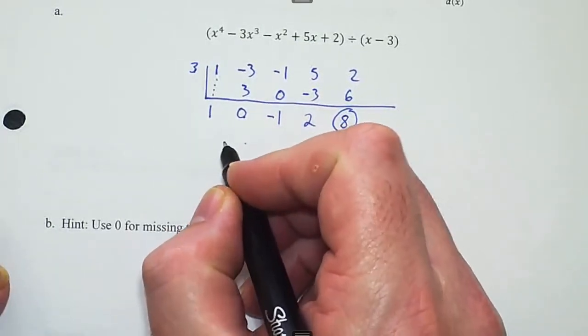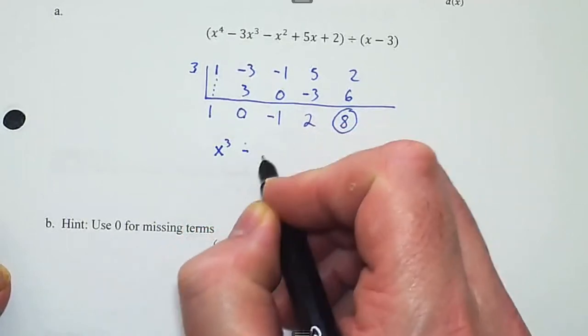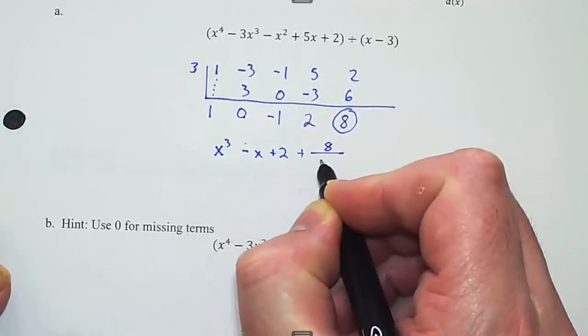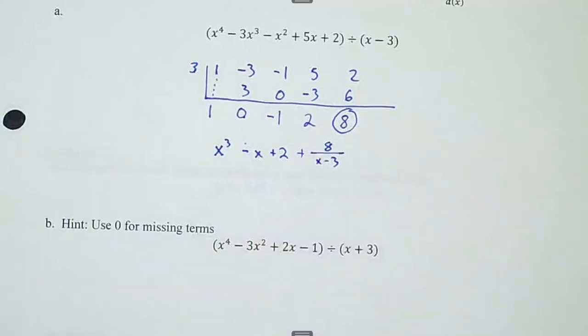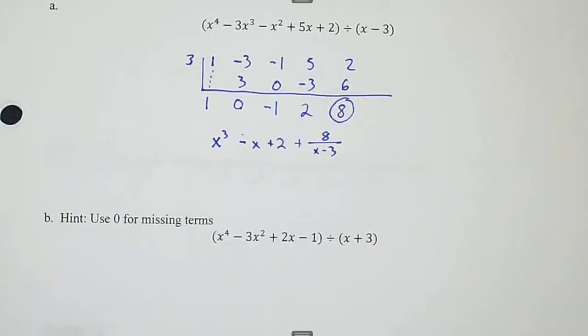So my quotient is 1x cubed plus 0x squared minus x plus 2 plus my remainder over my divisor, which was x minus 3. So hopefully you see that as less work, but it is kind of a strange process. This is called synthetic division.